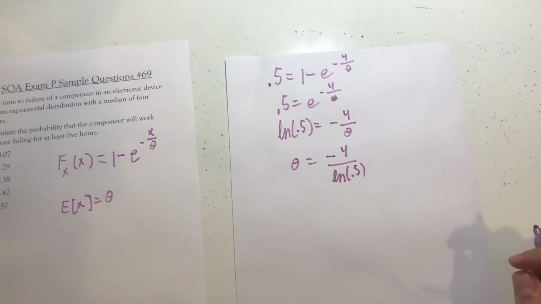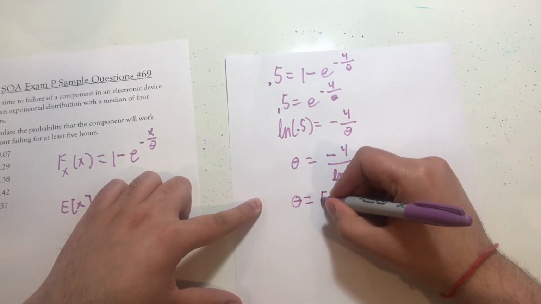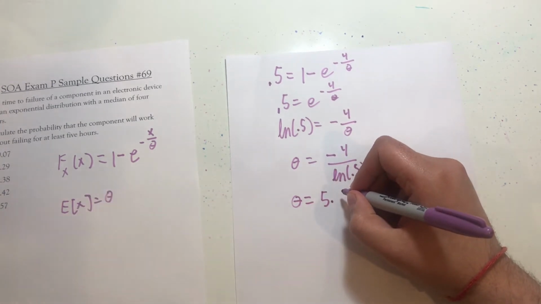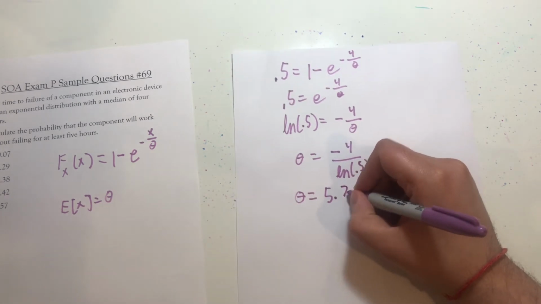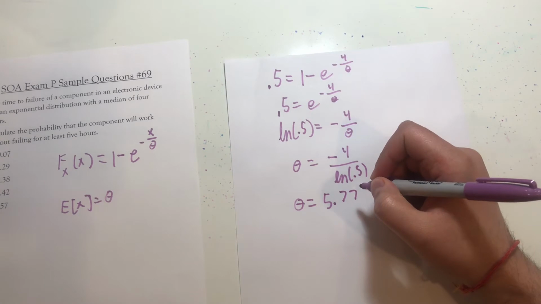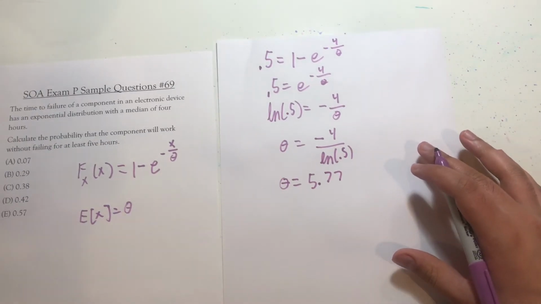Just making sure I have this correct. So theta is equal to 5.77. I'll keep it at 5.77. Seems like a nice place to round.